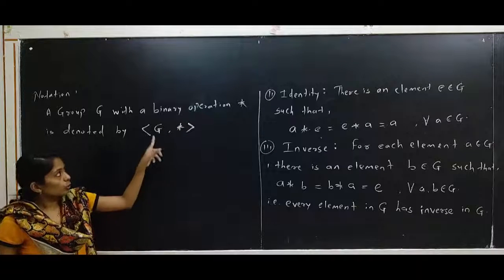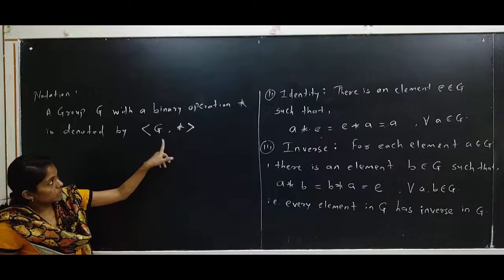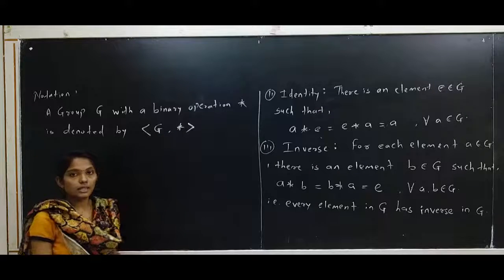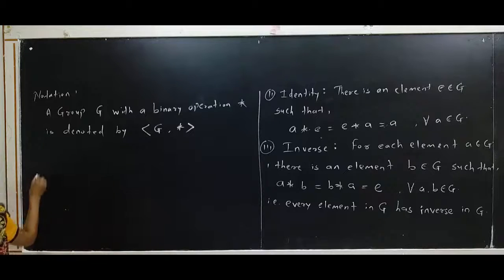So a group G with binary operation star is denoted by (G, star). Get it?